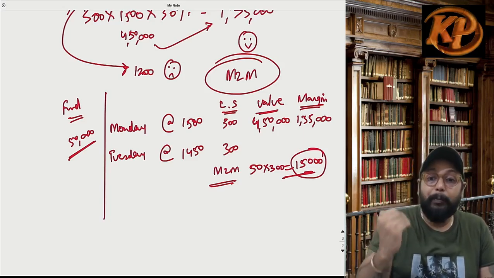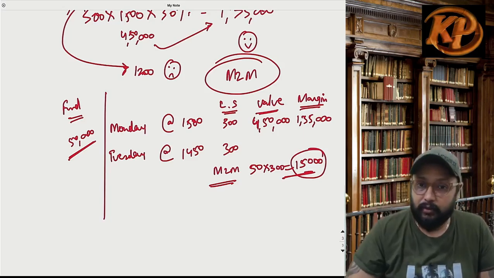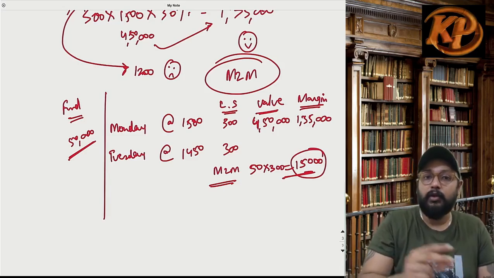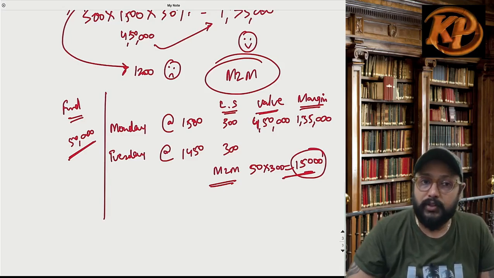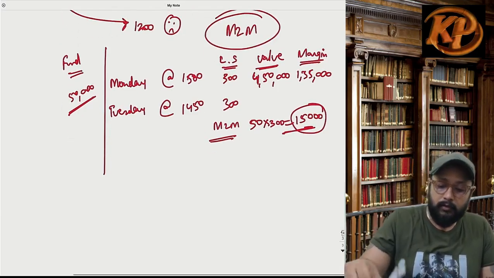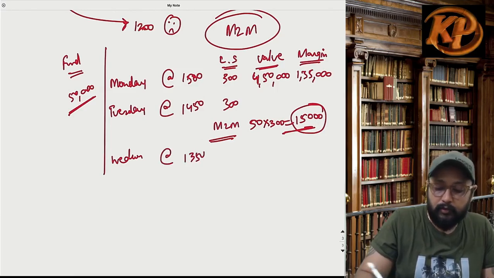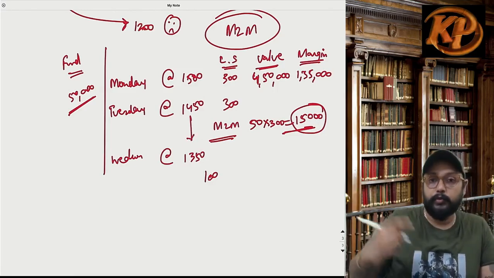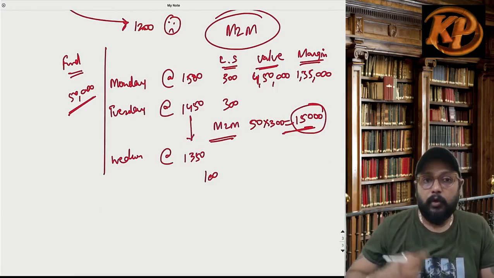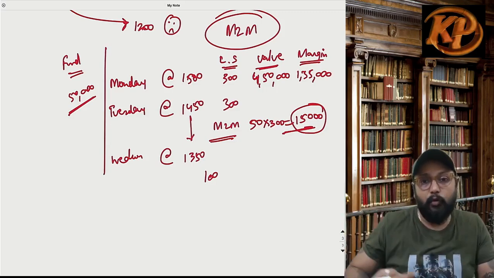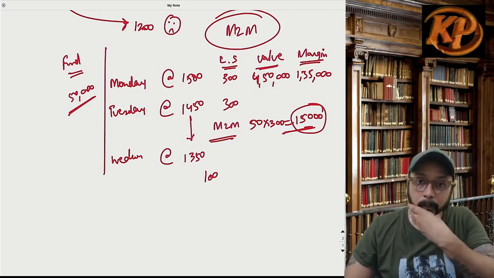1,35,000 is what you pay to initiate a futures transaction. After that, if any fall happens in the share, they will ask you to deposit the margin. Let's say next day, it goes down to 1,350. How much is the fall? 100. We'll see the fall from the last close, because between 1,450 and 1,500, whatever the difference was, I have already been debited for that, no?